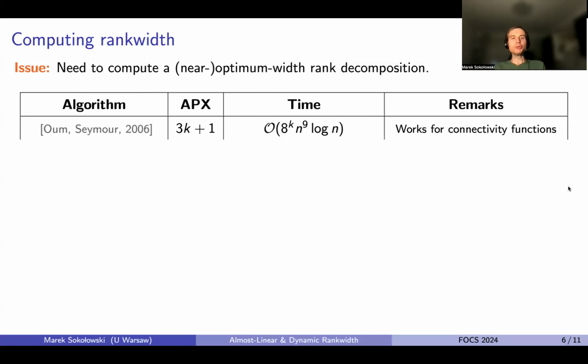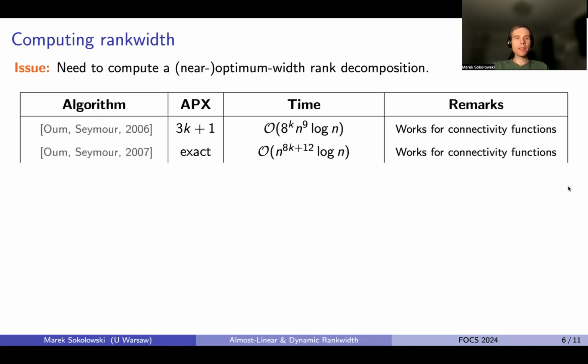Actually, Oum and Seymour introduced the concept of rankwidth to approximate the value of clique width that was introduced about a decade earlier.